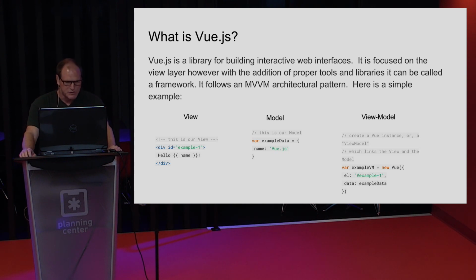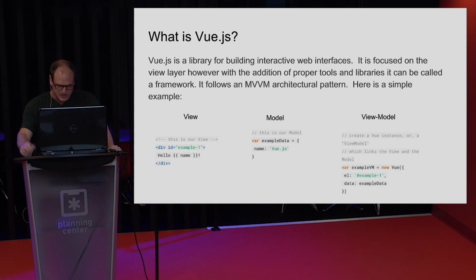So the view is just a DOM node. In Vue, there's no virtual DOM. It's like a real DOM. And then the model is just a JavaScript object. That's all it is. And then you create an instance of Vue, and you bind the model, which is your data, to a DOM element.